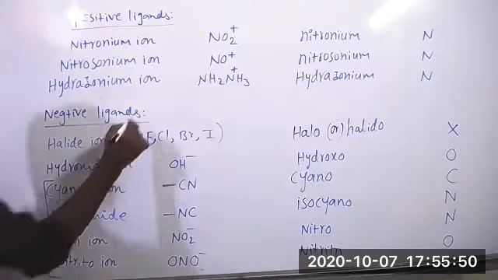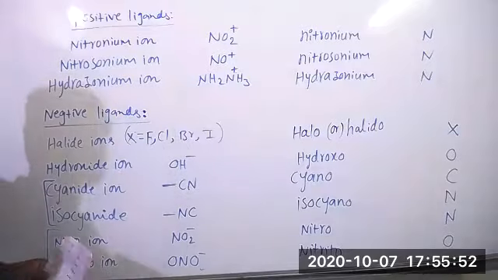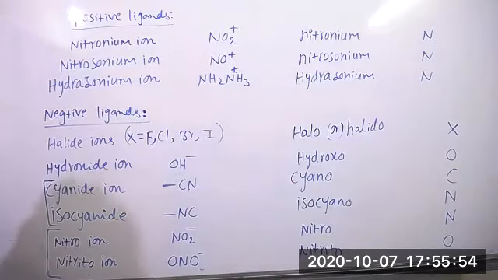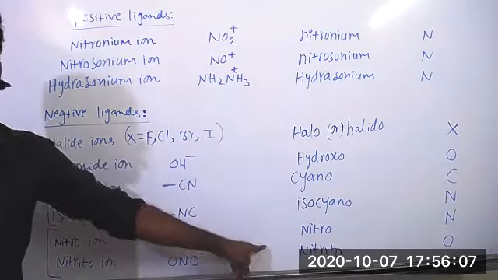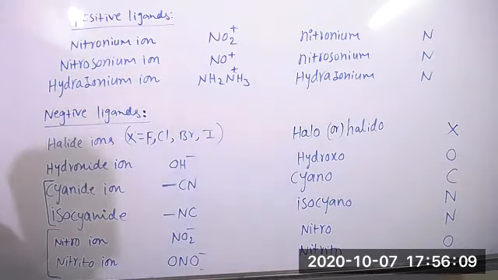Do these names come after the compound, at the end, or at the starting? When it is in complex, inside the square bracket, we are using these words. In complex, not after the complex.